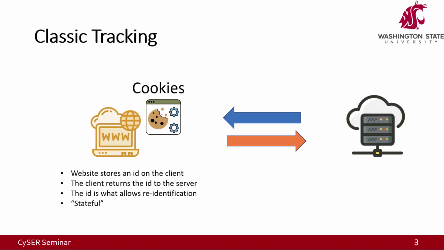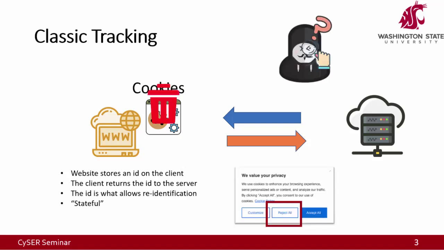So this is cookies. But of course, cookies can be used for tracking, and there are some privacy issues. As a user, we can reject cookies. And cookies are data saved on our browser, so we can also delete them.